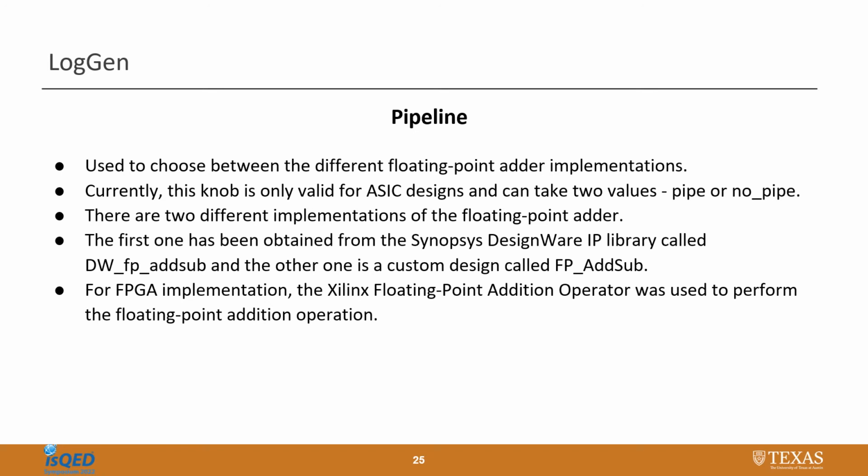Hence, we created a pipelined adder to achieve less delay, however, it is slightly less accurate than the Synopsys adder. The choice of this knob can affect the area, delay, accuracy, and latency of the ASIC designs. We use the Xilinx floating point addition operator for the floating point addition operations for designs intended for FPGAs.